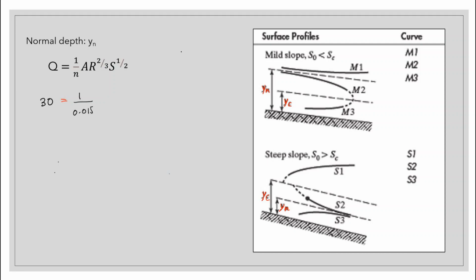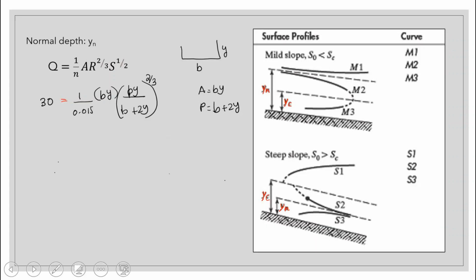Since it is a rectangular section, area A will be B into Y, and R is area by perimeter. Area is B into Y and perimeter is B plus 2y. So R is By divided by B plus 2y, whole raised to 2 by 3, and S raised to 1 by 2.